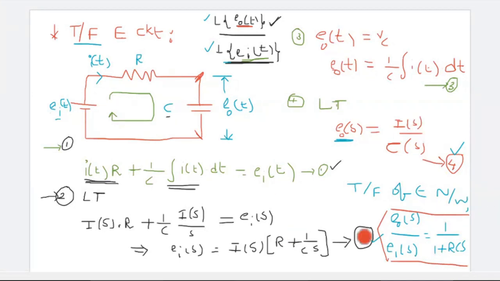Just a simplification. Any confusion in simplification?